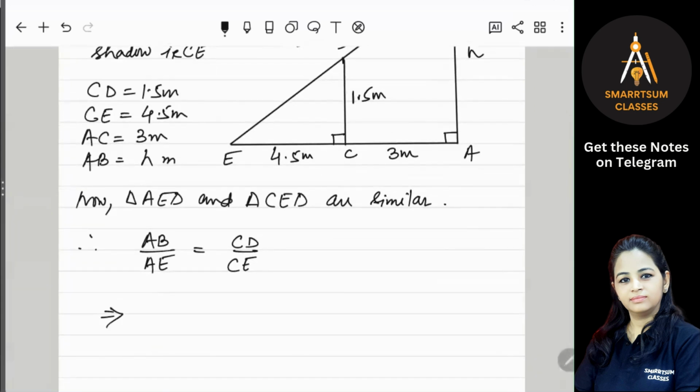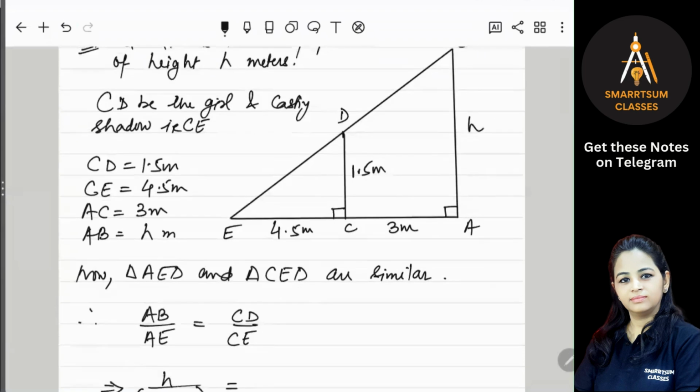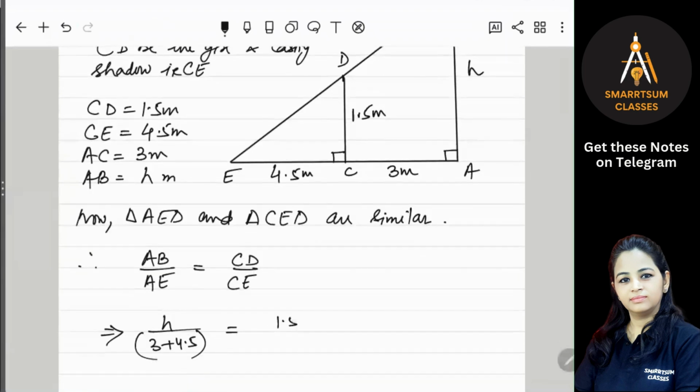Now, what is AB? AB is H. What is AE? AE is 3 meter plus 4.5 meter. This is the length of AE. So H upon (3 plus 4.5) is equal to CD upon CE. What is CD? CD is the height of the girl, that is 1.5 meter. And CE is the length of the shadow, which is 4.5 meters. So we equate that their ratios are equal.